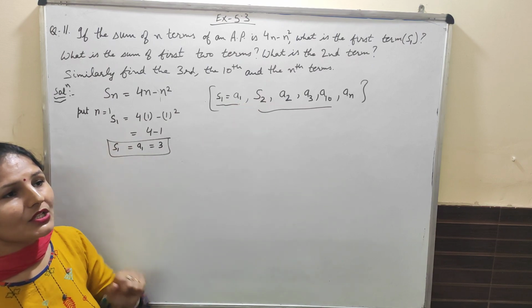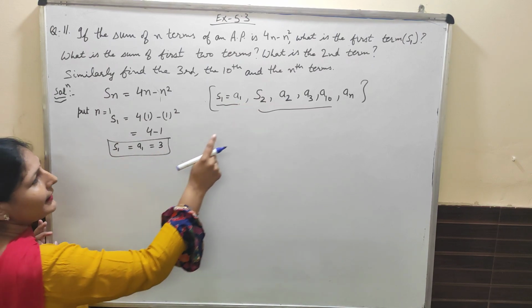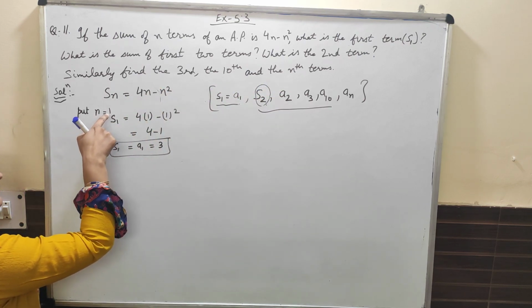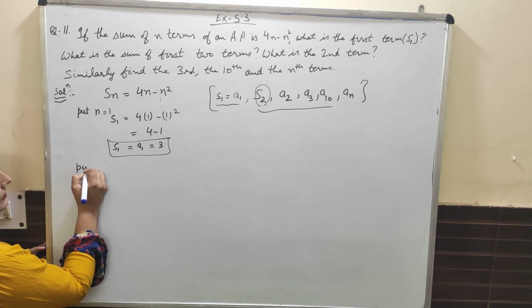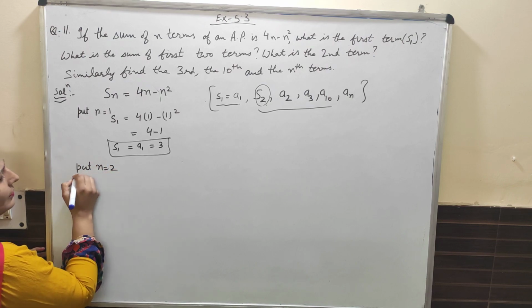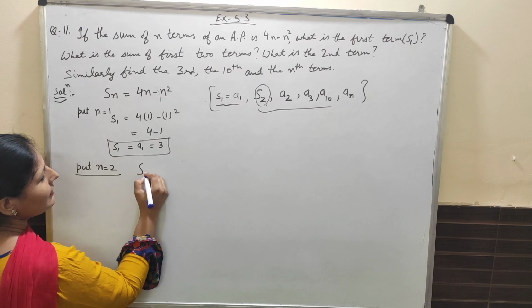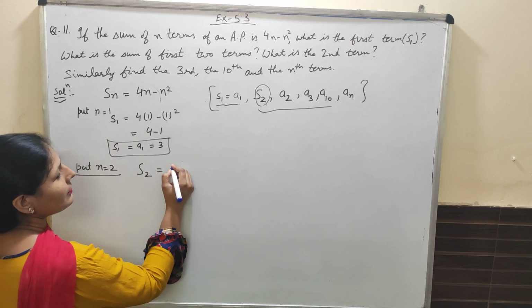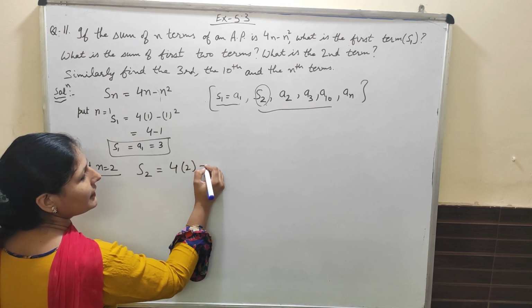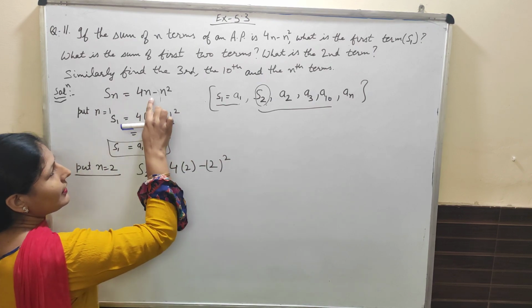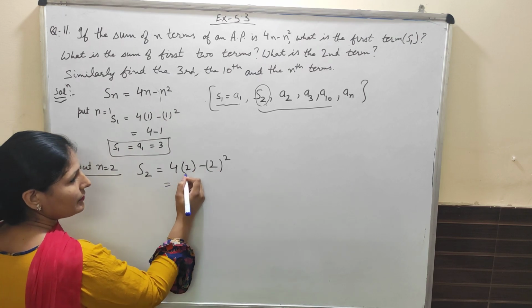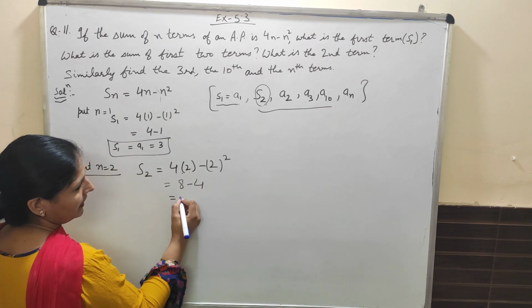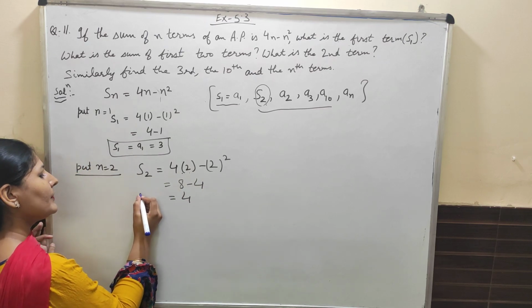Then we have to find S2. To find S2, we need to substitute n is equal to 2. Put n is equal to 2 over here. Then we get the value of S2, means sum of first two terms. 4 into 2 minus 2 square. n की प्लेस पे पुट करना बेटा. 4 2s are 8, 2 square 4, 8 minus 4, 4.